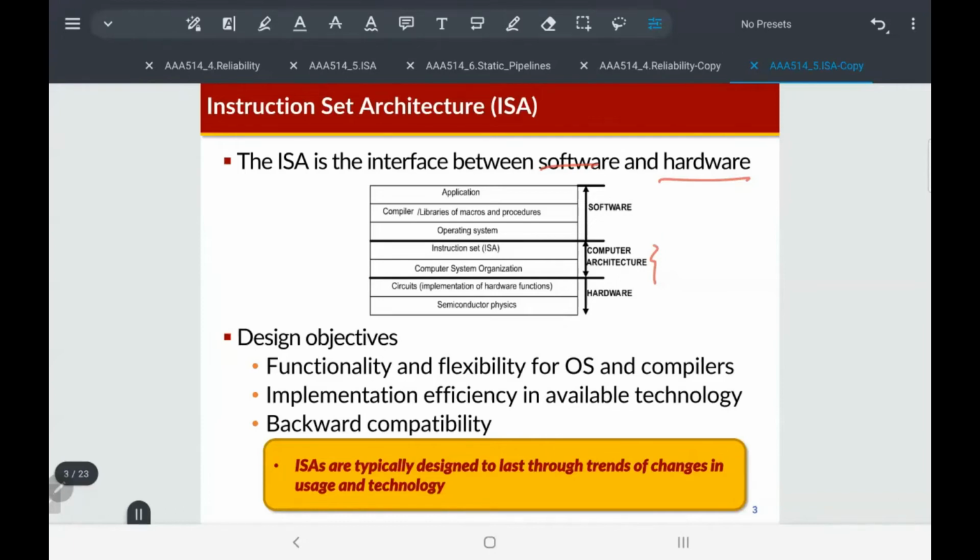For example, take the add instruction. We can define the add instruction in the instruction set architecture, so everyone knows the result of this add instruction, like add R1, R2, R3. The result is that this add instruction takes operands from the source registers R2 and R3, and the result is stored in the destination register R1.